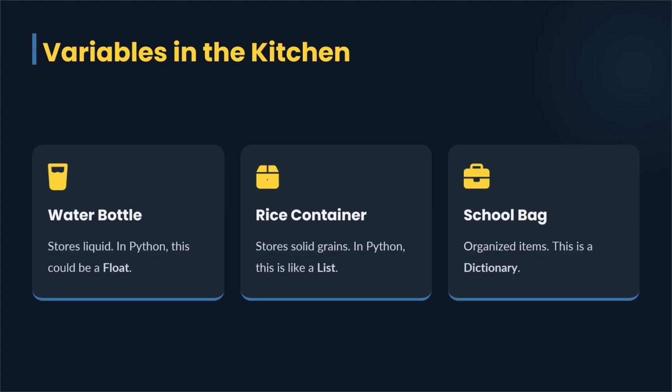As it stores rice, rice is its value. Coming to the school bag, in the school bag there are so many items. Here you see float, list, dictionary. These are all different data types. We will discuss all these data types in the coming slides. These are the examples coming to variables, I mean real world examples.